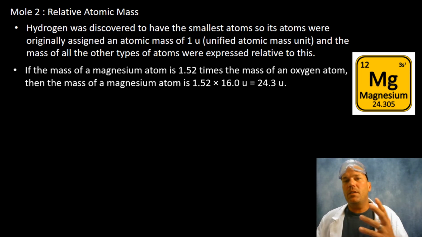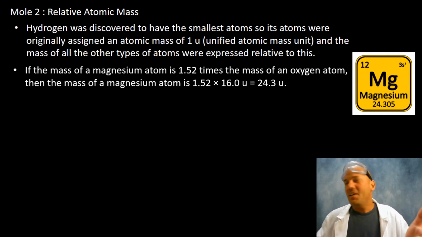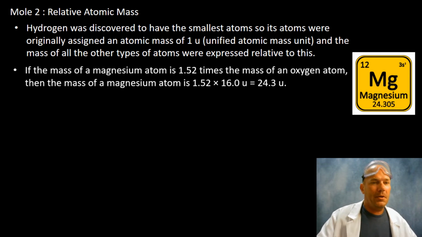And that's going to give us a number of 24.3 unified atomic mass units. And again, you can compare that to what's on your periodic table.